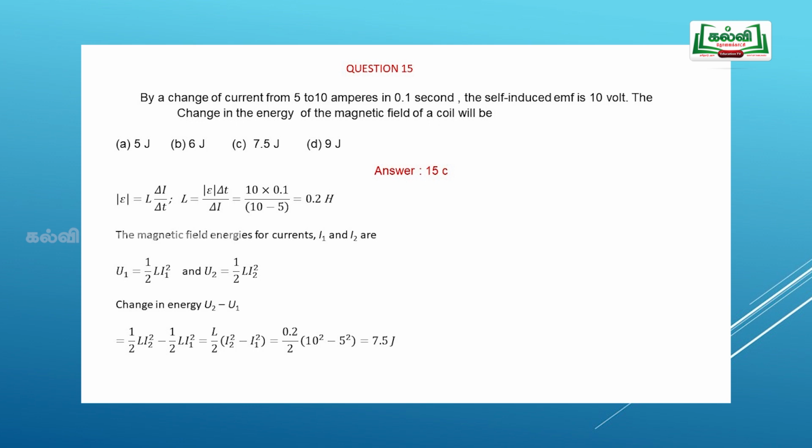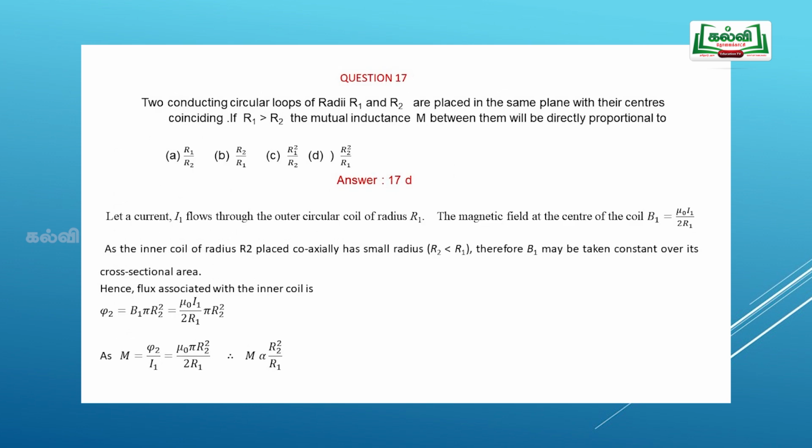Half mv square. The first chapter, half cv square, energy stored by a capacitor. So for an inductor, half Li square. Everything is similar to remember easily. Half mv square, half cv square, half Li square. Here half Li square. Calculate the initial energy U1 as half Li1 square, and half Li2 square, so half Li2 square minus half Li1 square. That's all. So simple.